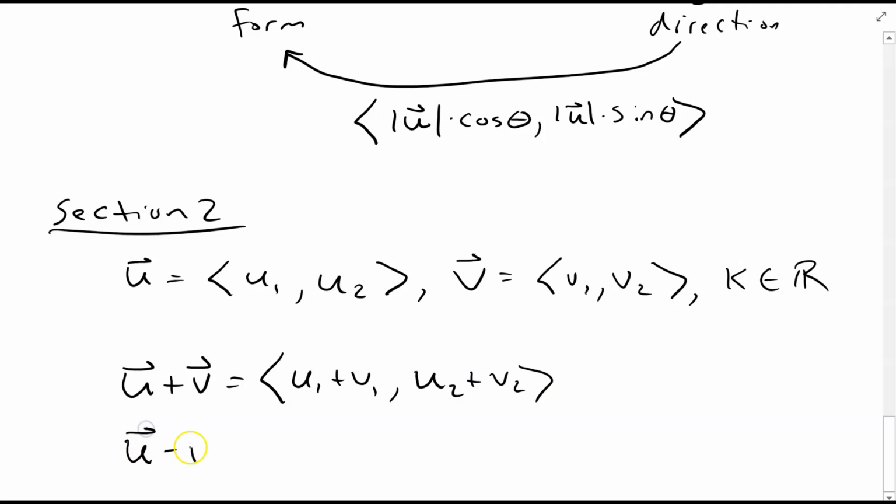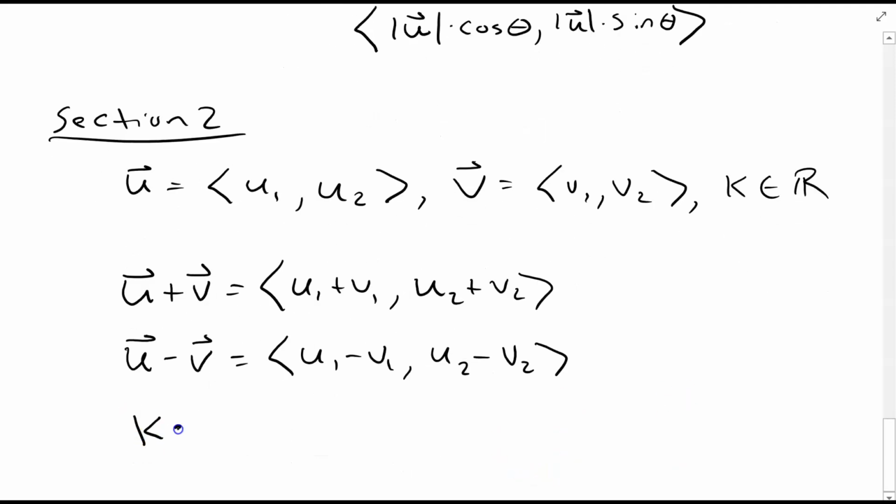I can subtract the two vectors, u1 minus v1, u2 minus v2. I can scalar multiply, so the scalar just multiplies the first component and multiplies the second component, and my result is still a vector for each of these three operations.